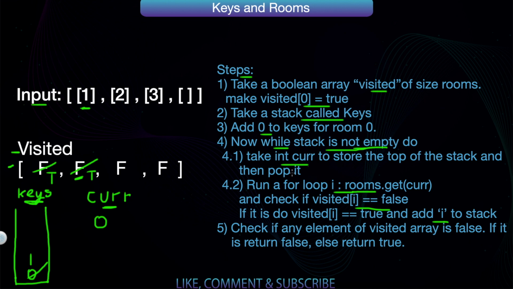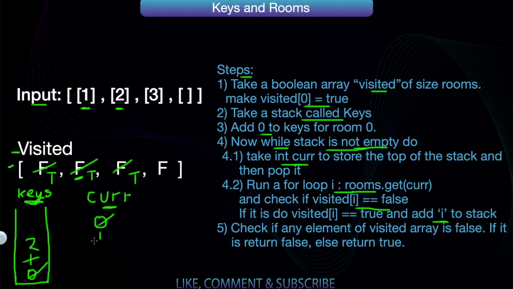Then we'll check the while condition, it is still satisfied, so we'll update our current as 1. We'll then pop it from the stack. Then we'll get the rooms.get(current), it is false, so we'll make it true. Then we'll add i to the stack, so we'll add 2 to the stack.